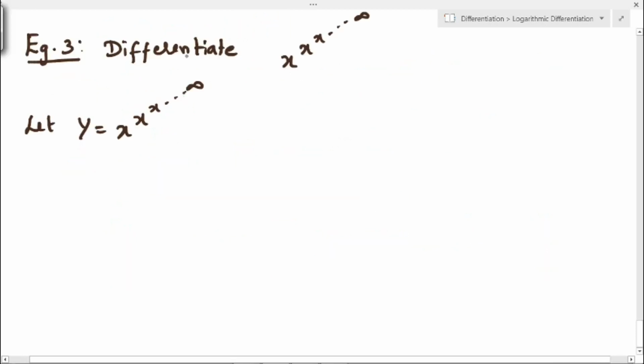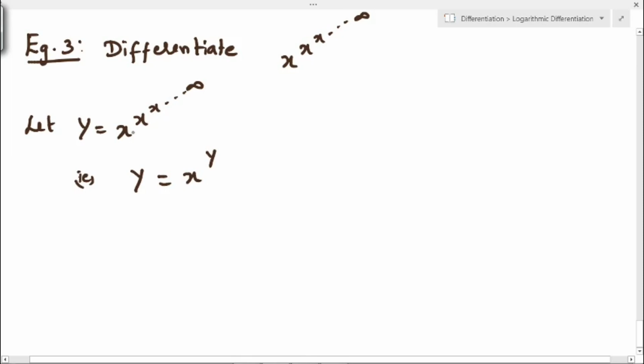Next example, differentiate x to the power x to the power x and so on till infinity. So we have infinity number of x. So first we have to assume y equal to x power x to the power x and so on till infinity. Okay, so this can be written as y equal to x power y, correct?